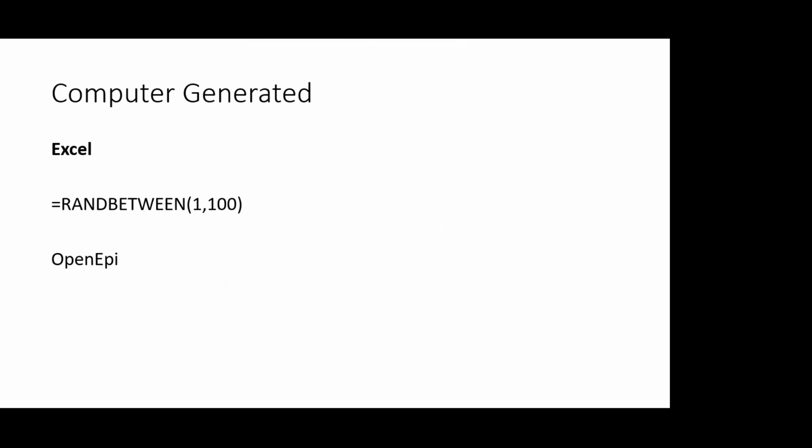Usually we can use Excel or OpenEpi, and there are multiple softwares which can generate random numbers. In Excel, it becomes easy because all of us are familiar with this, and this is the function we use: equal to RANDBETWEEN 1 to 100, which means it will return me the random numbers between 1 and 100. So that's the function here.